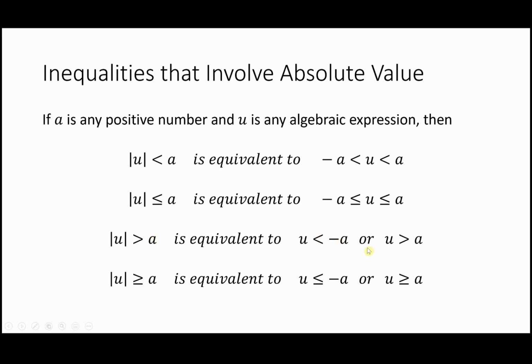And then the other case is, again, take whatever is the expression inside of the absolute value bars and set it greater than the original value A, okay? And if you have a greater than or equal to situation, comparing your absolute value expression to that positive number, then you just put those bars underneath, but it has exactly the same structure, and you have the word or in between.